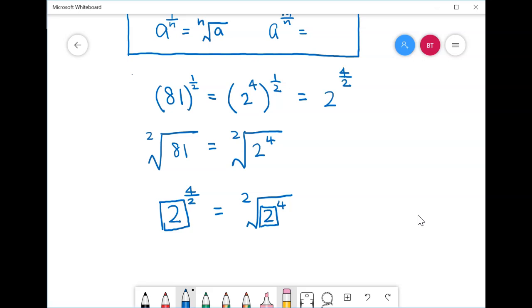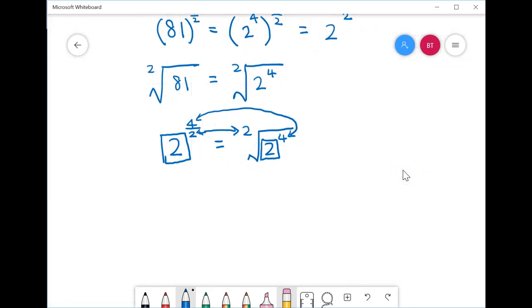So notice that this denominator in the fractional power goes to the second root. And notice that this numerator goes to the power of the base inside the root. So therefore, if I were to ask you to convert, for example, cube roots of 5 to the power of 7, then I would simply just put a base 5.